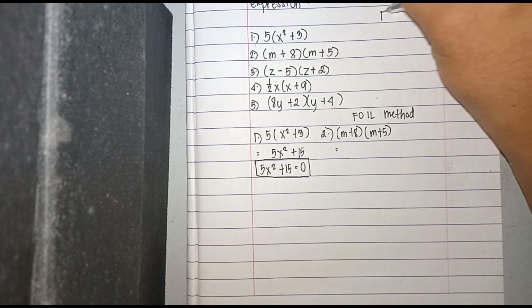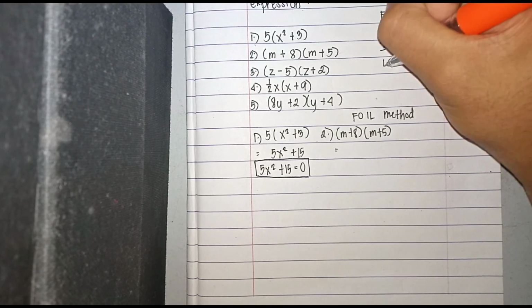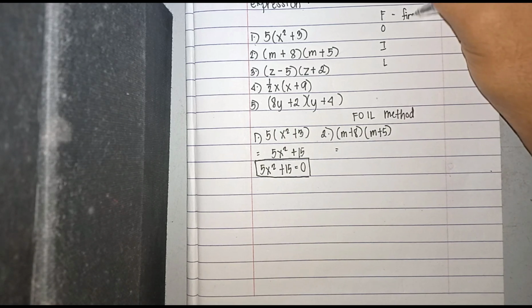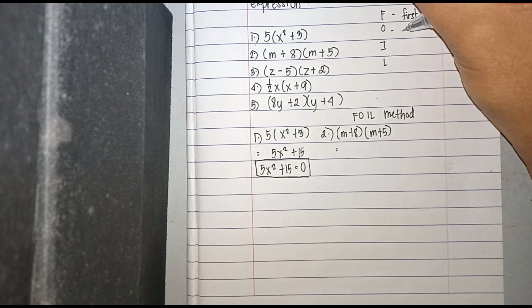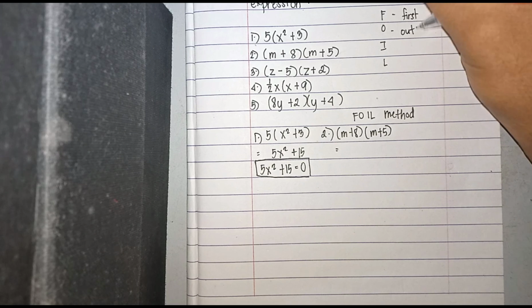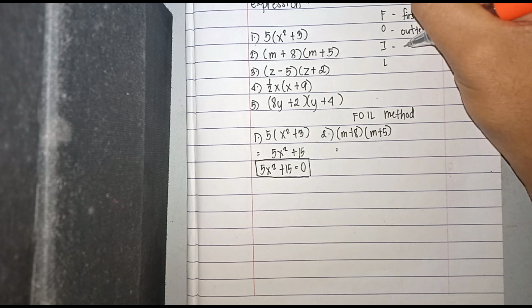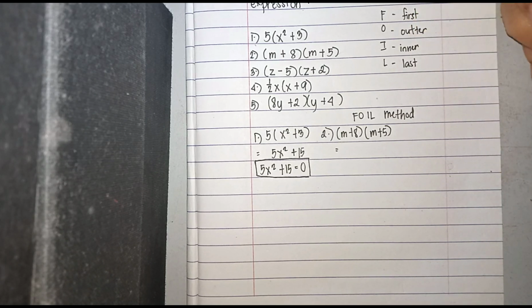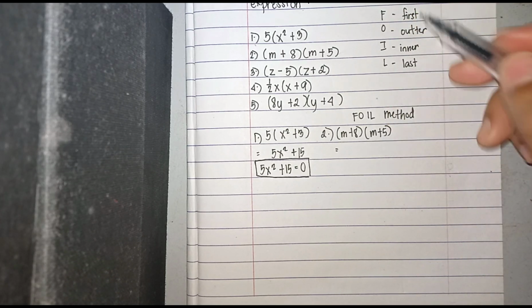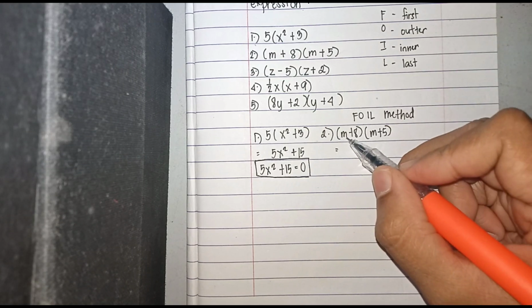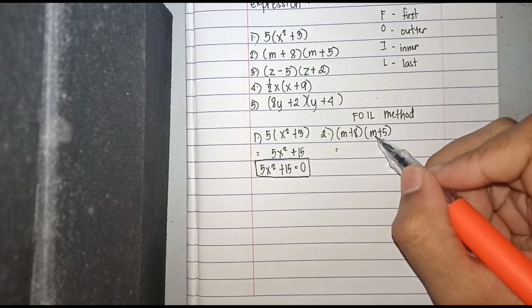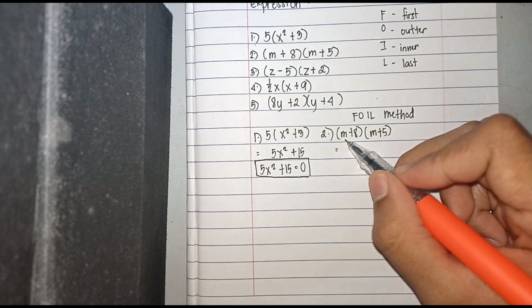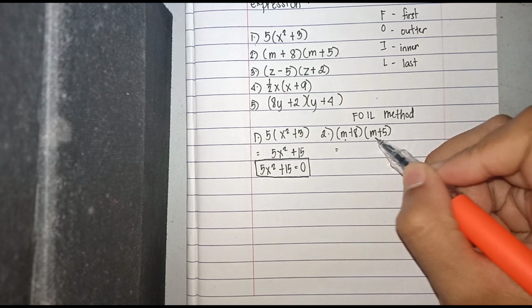So FOIL stands for the first term, O stands for outer term, I stands for inner term, and L stands for last term. So we will solve for the first term here. So the first term in this equation is m times m.